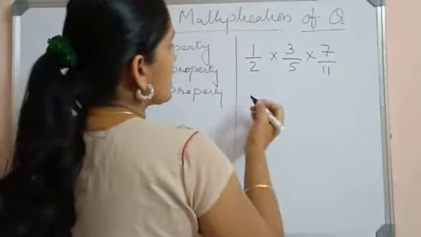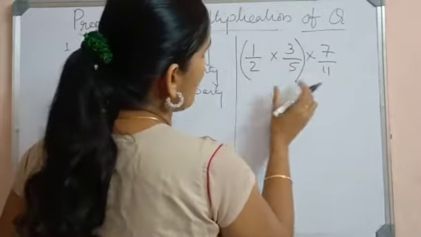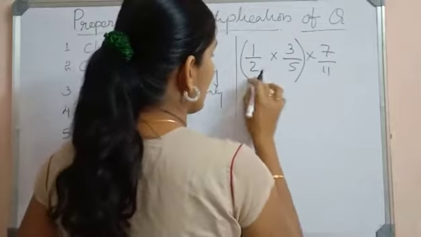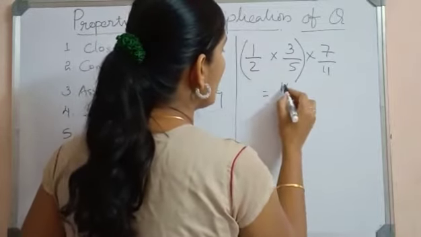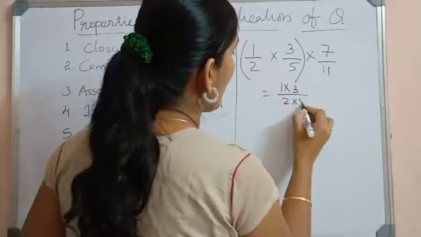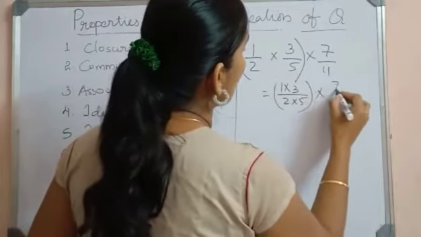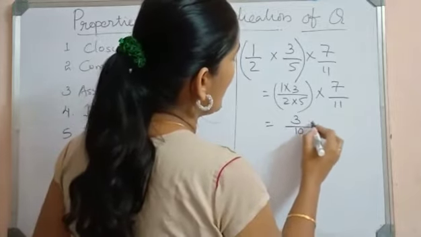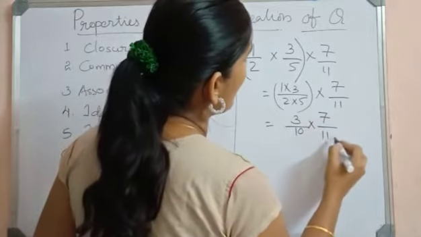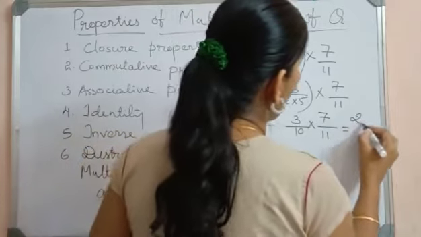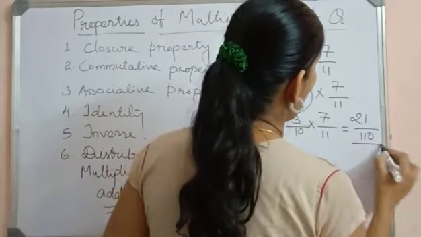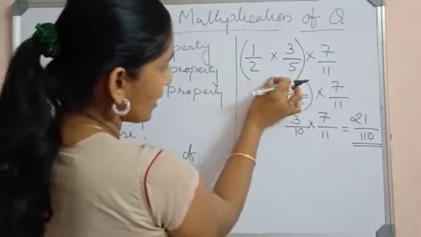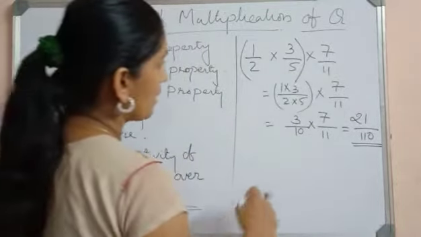Let's multiply the first two rational numbers and then multiply the product with the last number. This will be 1 into 3 by 2 into 5 into 7 by 11, and that's equal to 3 by 10 into 7 by 11, that is 21 by 110. So this is what we get when multiplying the first two rational numbers and the product with the last number.